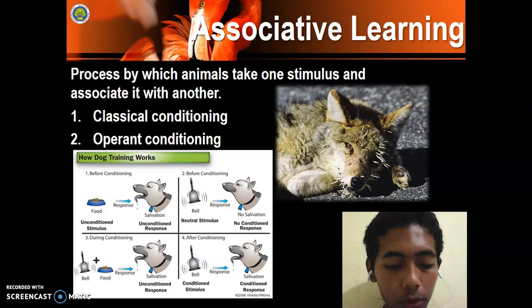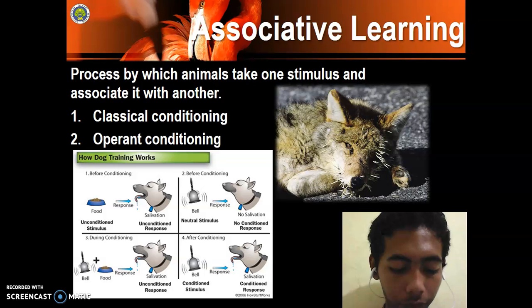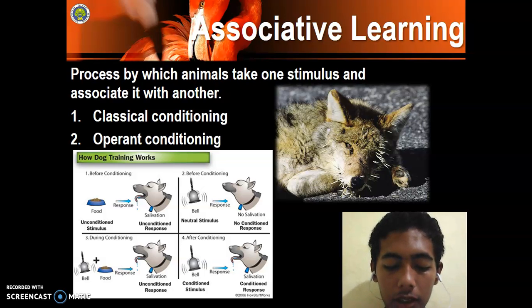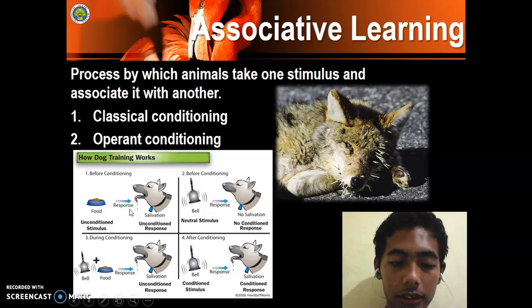During conditioning, the unconditioned stimulus, food, is presented rapidly just after the presentation of the neutral stimulus, or bell. After the conditioning, the neutral stimulus alone produces a conditioned response, salivation, and thus becomes a conditioned stimulus. Like this.